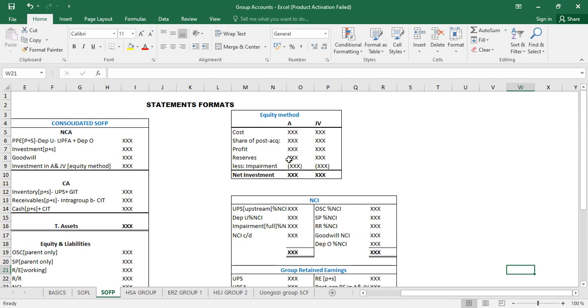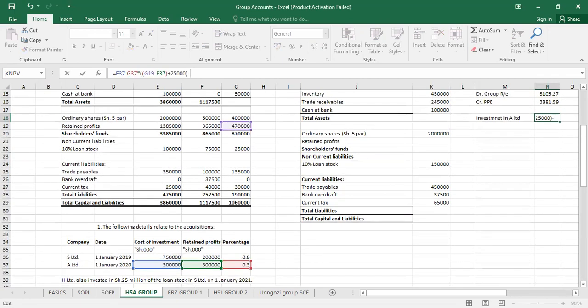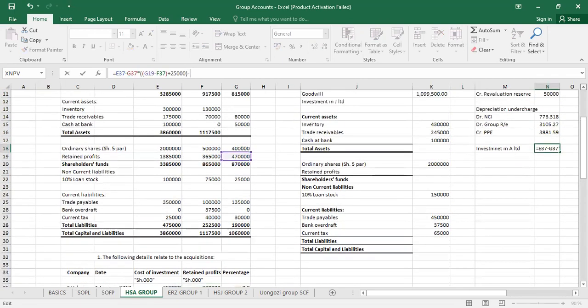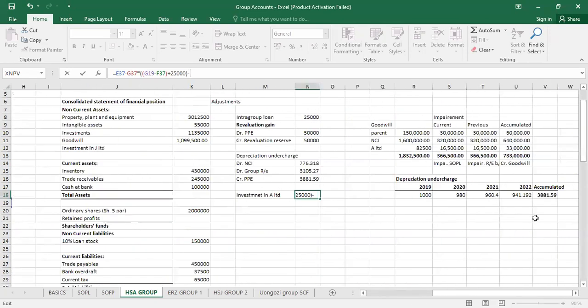This one is where we are multiplying the 25,000. Then less impairment, isn't it? So the same value minus impairment. So impairment in the joint venture, isn't it? And we had calculated it here on the left, I think.